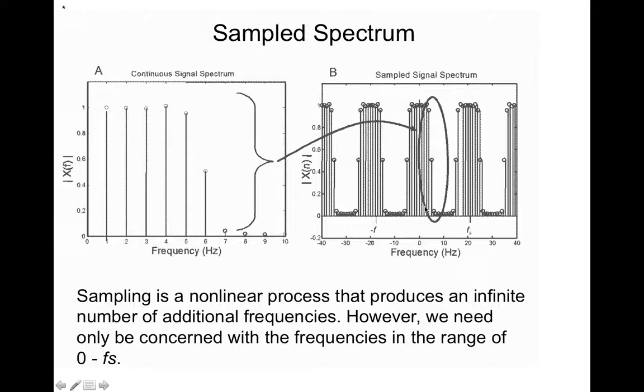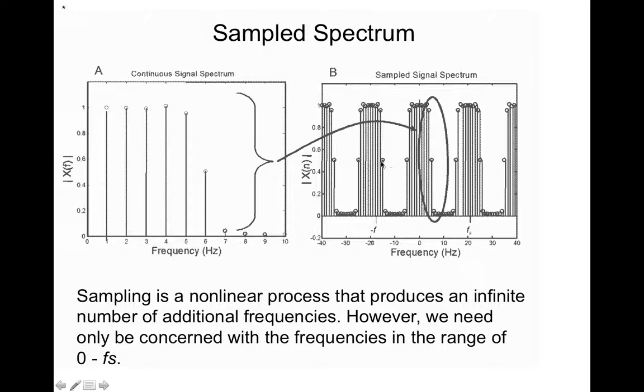So now you can see, if these two groups of spectra are too close together, these points and these points overlap. So you need to be sure that your sampling frequency is big enough so that you spread these spectra out so that the components don't overlap.